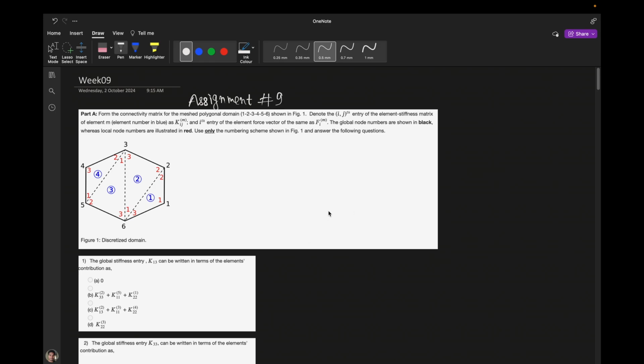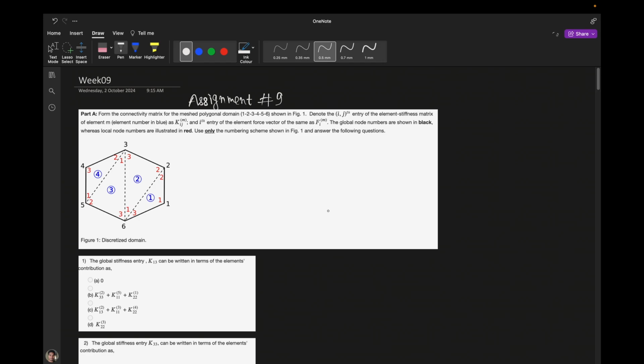Okay, so in this problem it is saying that we have a polygonal domain which we have meshed, and we have nodes numbered from 1 to 6 and 4 elements in this domain.